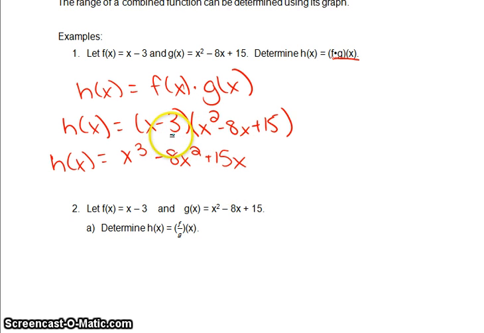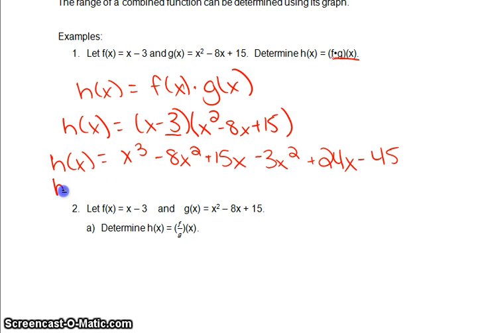Then we're going to distribute this negative 3 to each of the terms in our second bracket. So we have negative 3 times x squared, so negative 3x squared. Negative 3 times negative 8x is positive 24x. Negative 3 times positive 15 is negative 45.